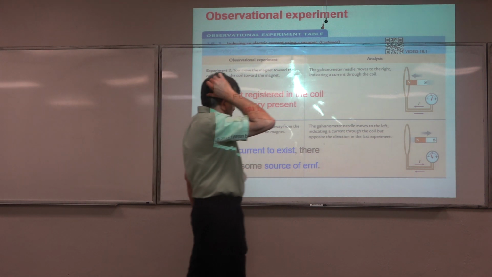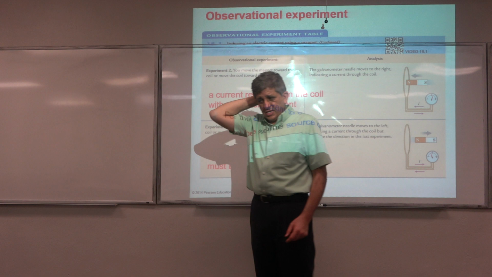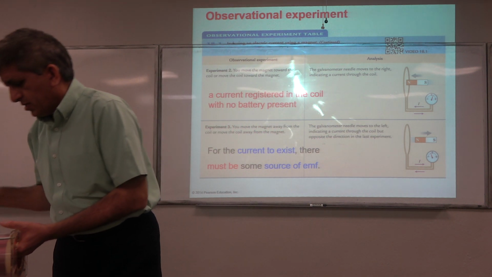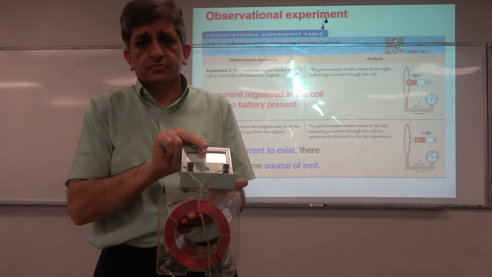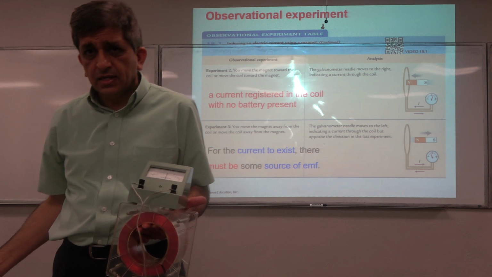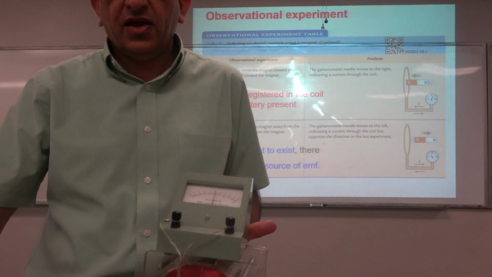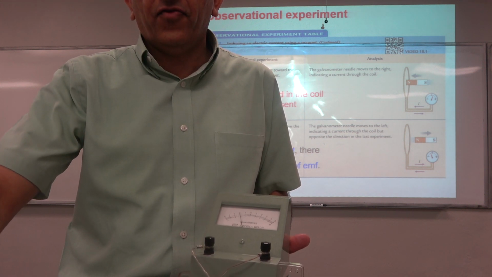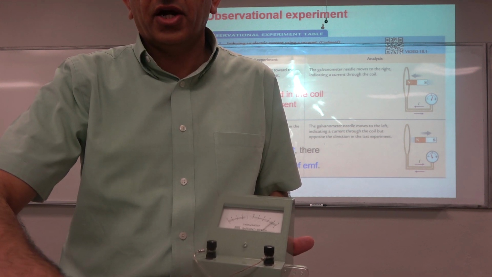Now, it's been noticed that on the other hand, if I take this coil with the galvanometer, and now instead of a still magnet, if I move the magnet, the needle of the galvanometer moves, right?